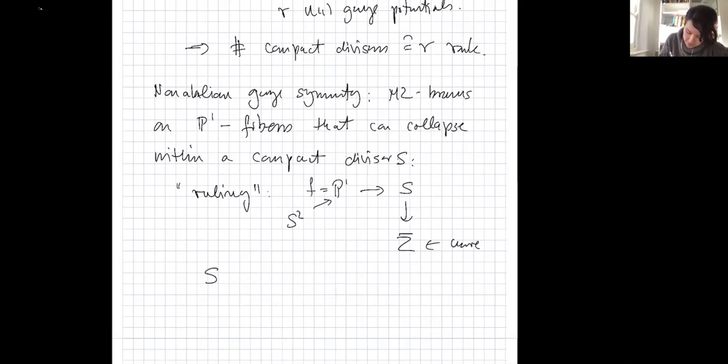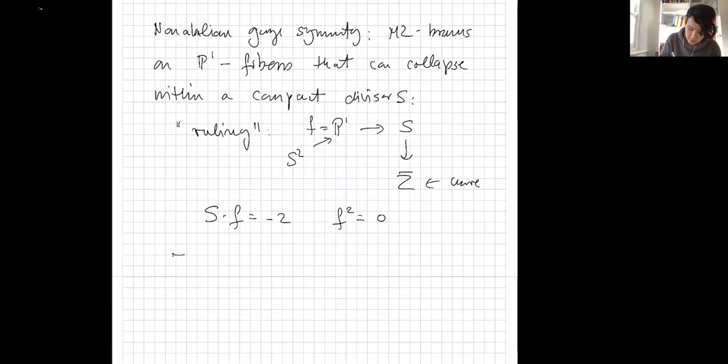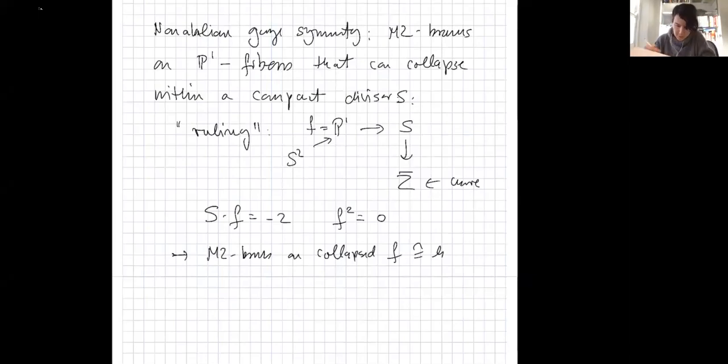And now, if there is such a fibration structure, and if I call this F for fiber, then S dot F, the intersection of these, is -2 and F squared is 0, then this fibration, I can collapse it, and this ruling will then make M2 branes on a collapsed F become light. So these are exactly the W bosons of the theory.